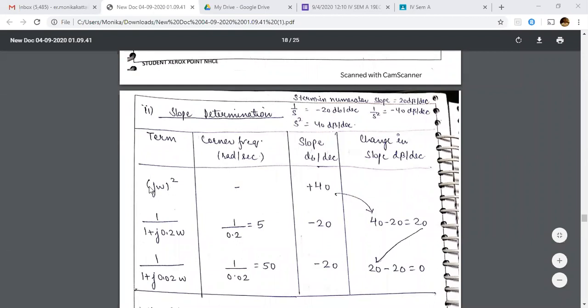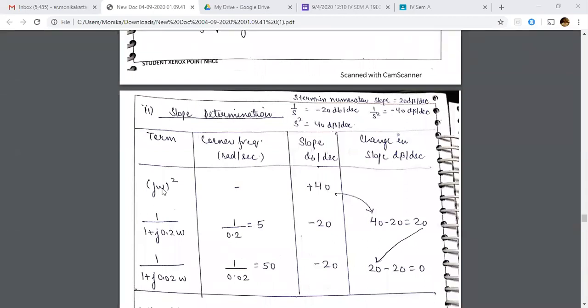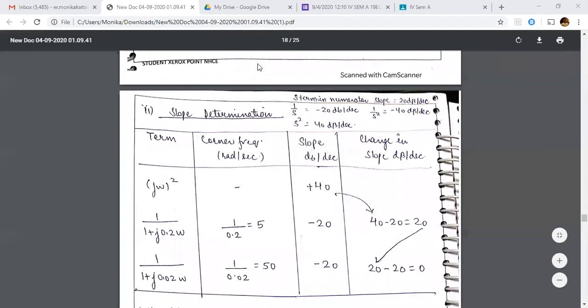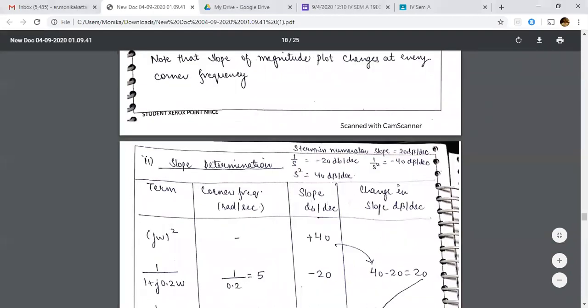The slope for 1 zero at origin is... What we had studied yesterday, the second factor, the 1 zero at origin. What happened, all of you?